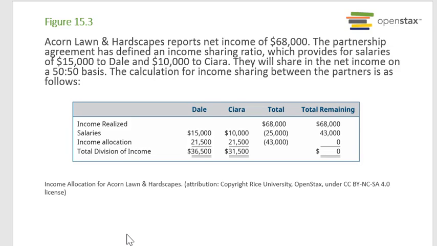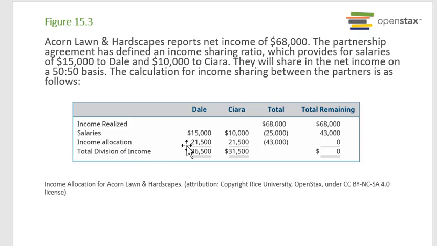For example, this Acorn Lawn and Hardscapes reports net income of $68,000. The partnership agreement has a defined income sharing ratio which provides for salaries of $15,000 to Dale and $10,000 to Sierra. They will share the net income on a 50-50 basis. So they made an income of $68,000.